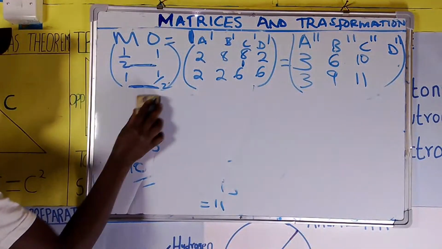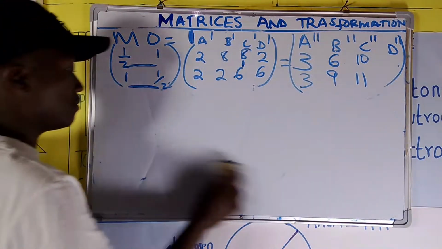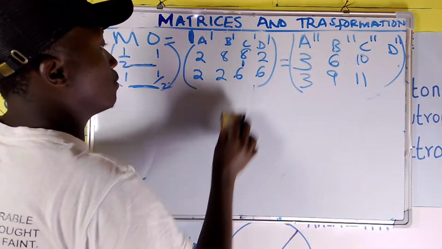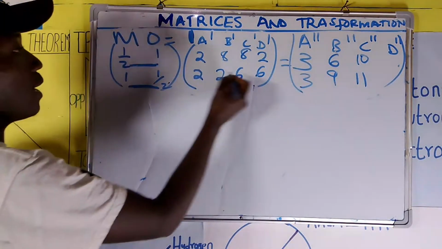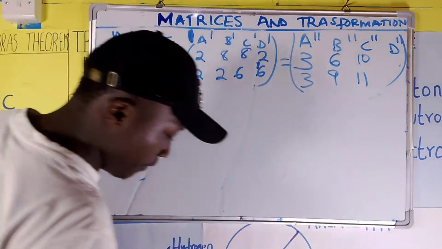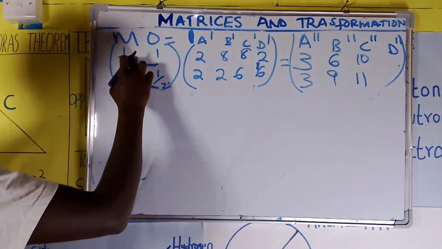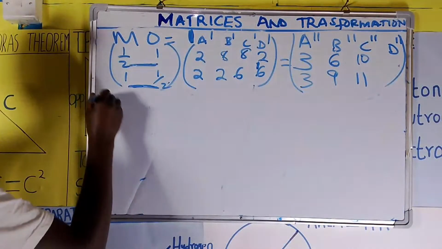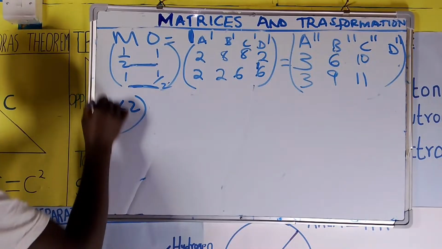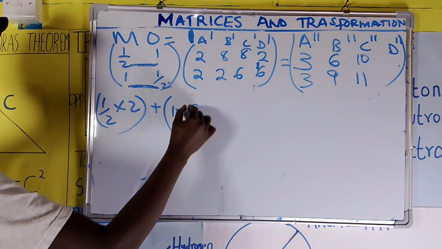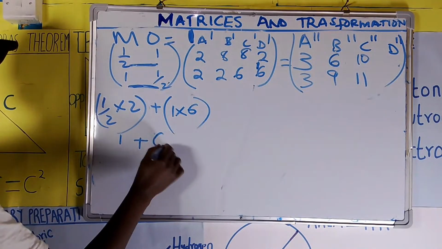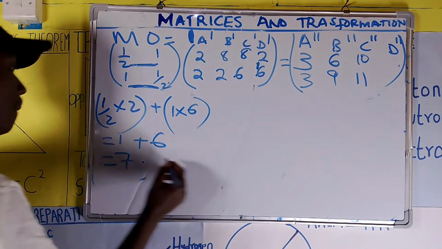Alafu tuende ya mwisho kabisa. A half 1 and 2 6. So a half times 2 ni 1 plus 1 times 6 ni 6. So 1 plus 6 is equal to 7.